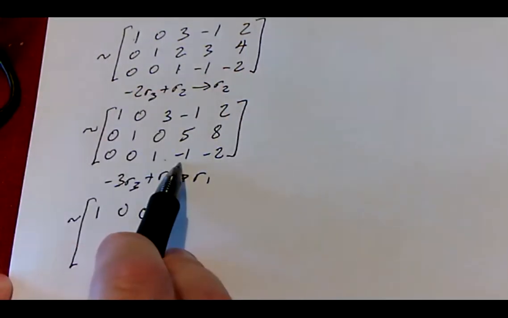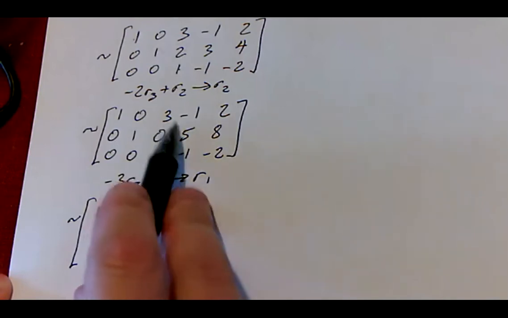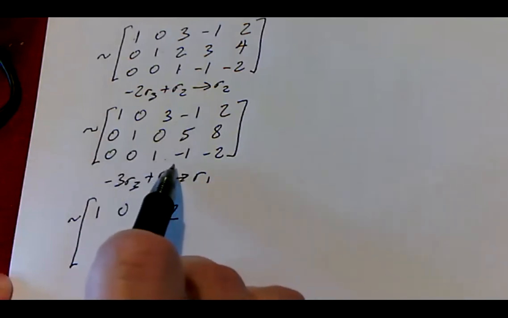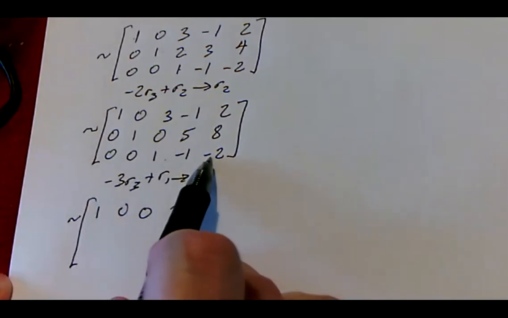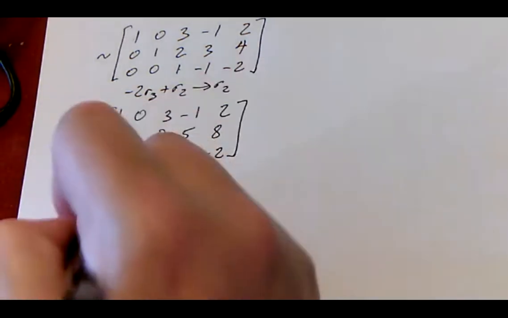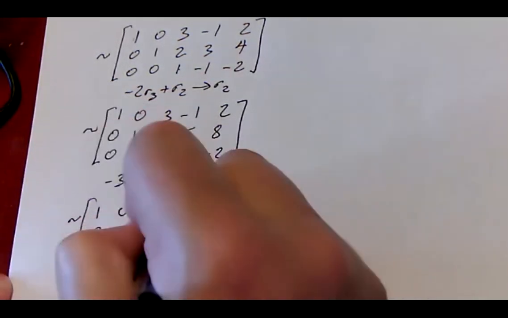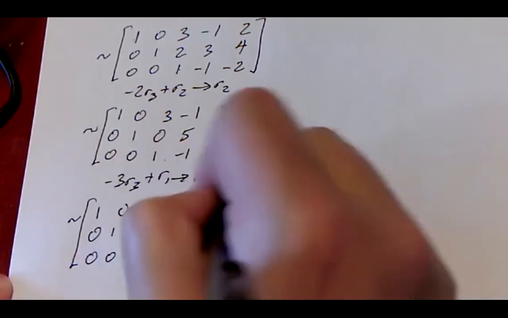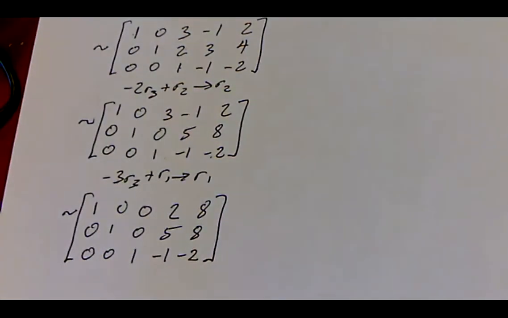Negative 3 times a negative 1 is a positive 3, minus 1 is a positive 2. Negative 3 times a negative 2 is a positive 6, plus 2 is 8. Row 2 then is unchanged. Row 3 is unchanged. So I have my matrix now.